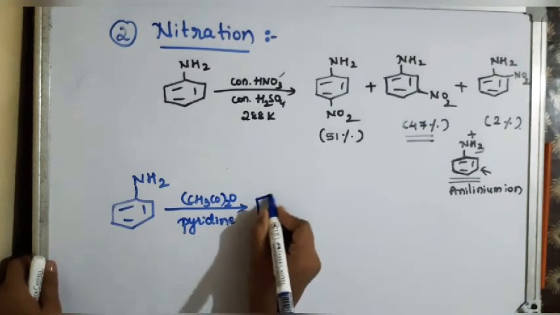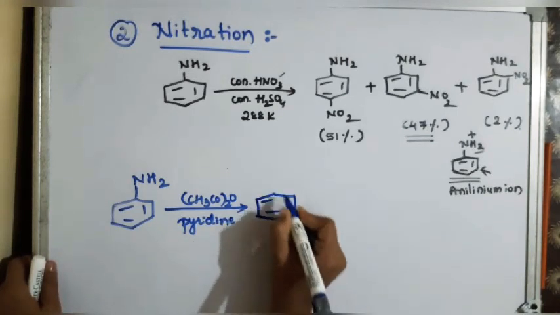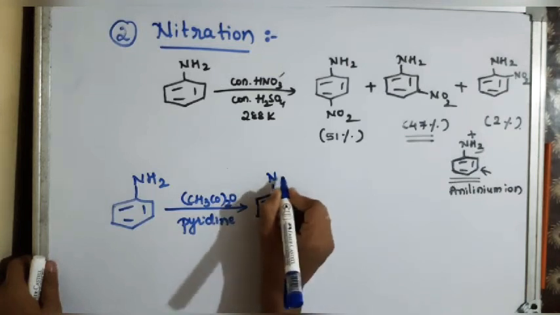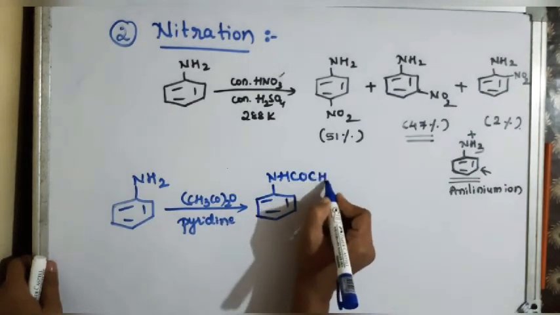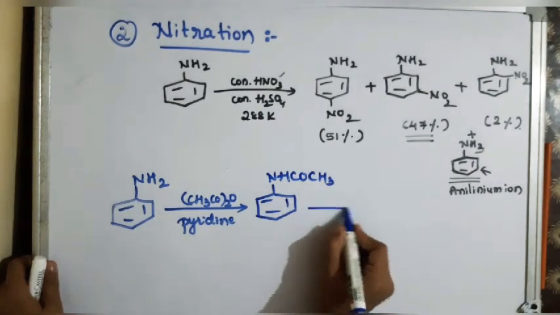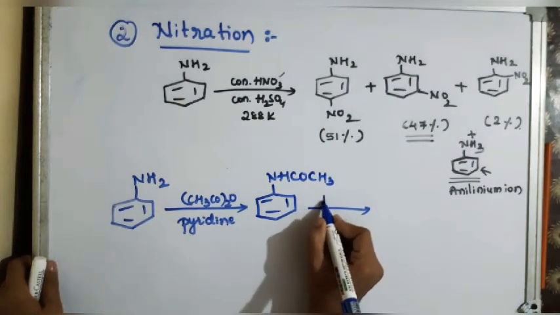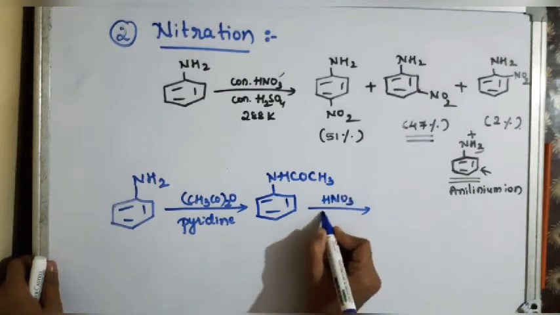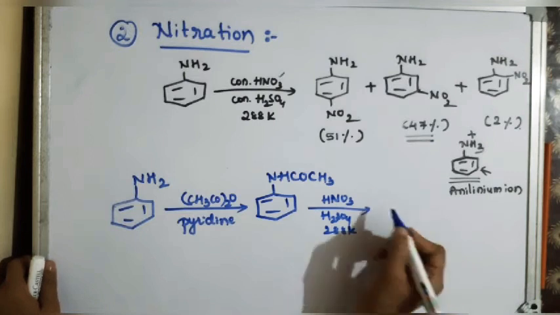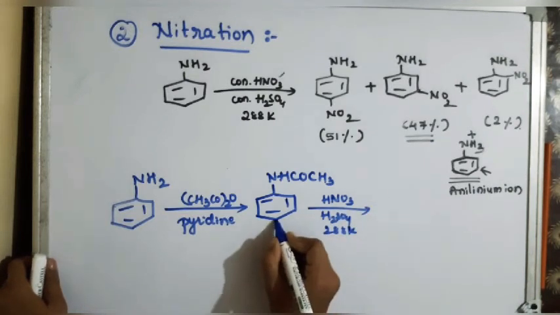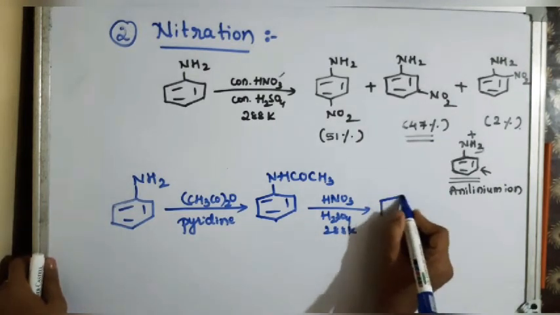We are getting acetanilide. First step is the same as that of bromination. Acetanilide is NHCOCH3. Now this acetanilide is subjected to nitration in presence of HNO3 and H2SO4 at 288 Kelvin temperature.